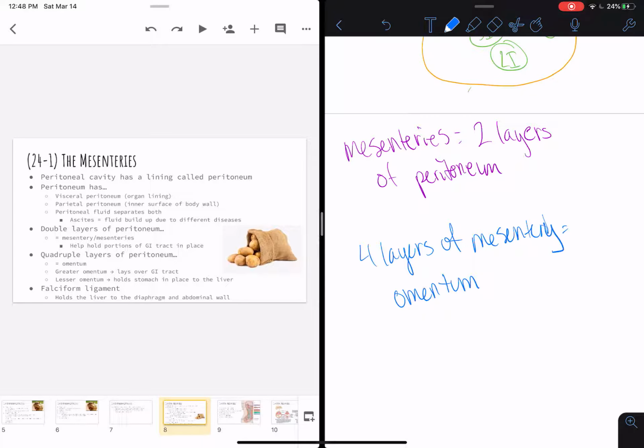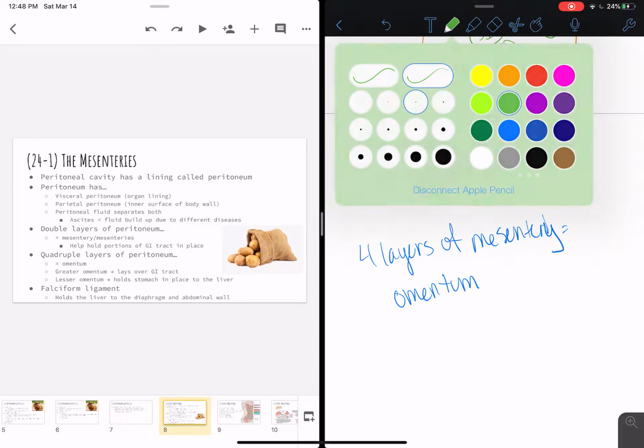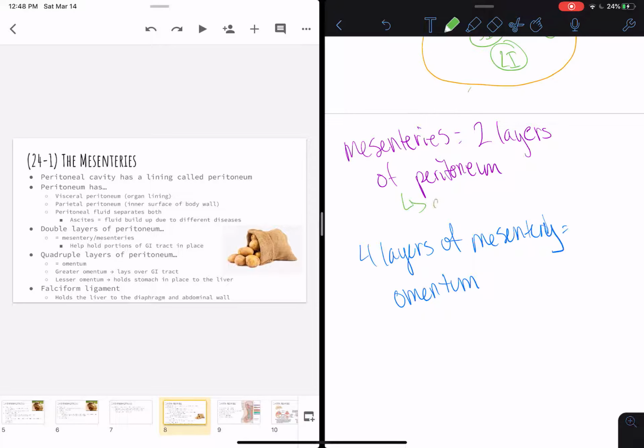The mesenteries are super important because within the mesenteries, we're going to be carrying important arteries, veins, and nerves to and from the organs. And it's nice because within these 2 layers of peritoneum, we're also going to have some adipose tissue to help insulate and protect these arteries and veins.